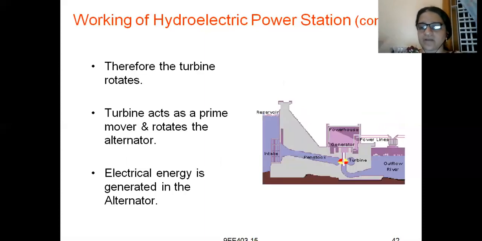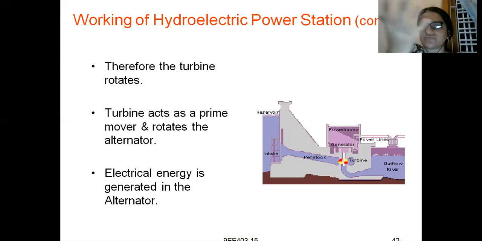Next slide. The turbine rotates whenever the water from the penstock falls on its blades. The blades are stationary, and the water is in dynamic motion, flowing. Whenever that flowing water falls on the blades of the turbine, obviously the blades start rotating.